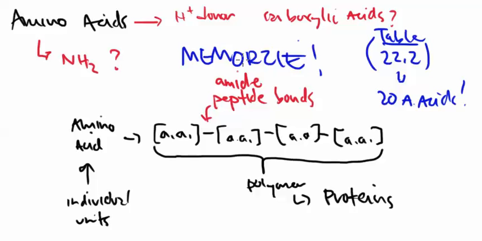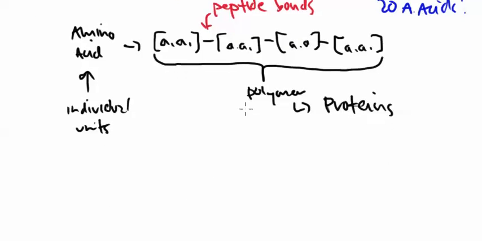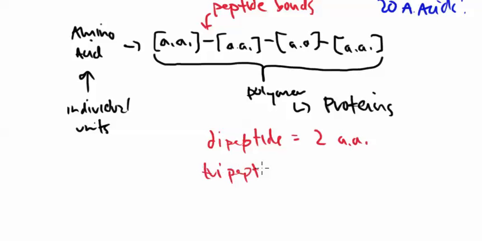Just like with carbohydrates, we can, if we wanted to, break this down a little bit more. We could have what we call a dipeptide. And of course, this is 2 amino acids that are hooked up together. We could have a tripeptide. And this is 3 amino acids hooked up together.